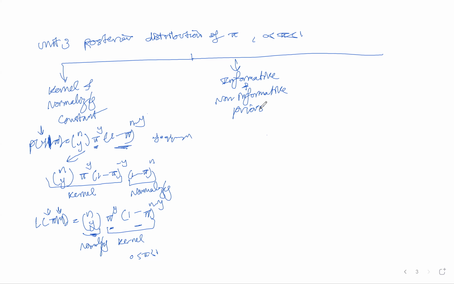We covered many non-informative priors. For example, we covered uniform 0, 1, which is equivalent to beta 1, 1. We covered another non-informative prior, which is Jeffreys prior.